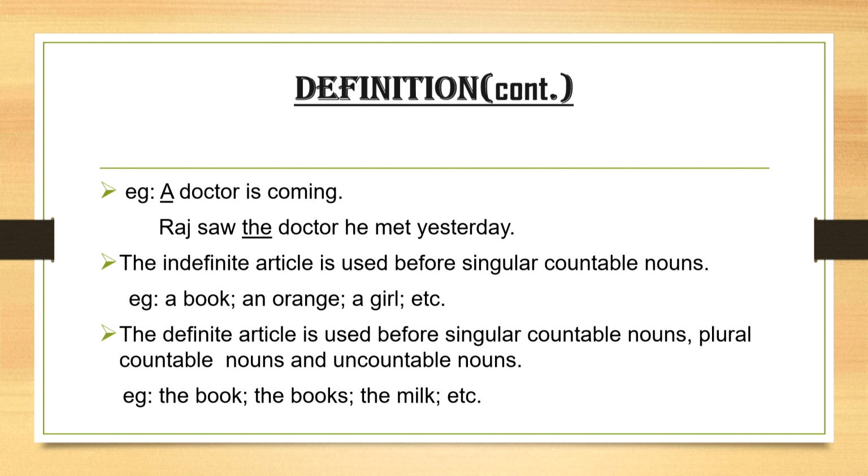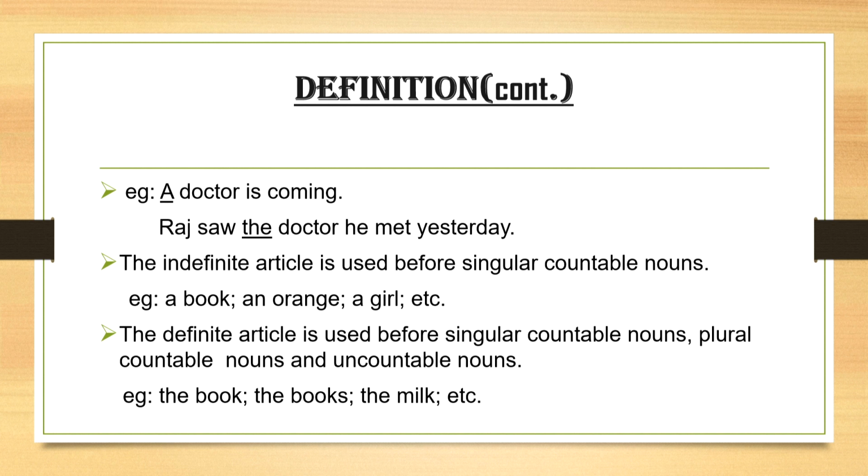Now, the indefinite article is used before singular countable nouns. For example, a book, an orange, a girl, you can say a pen and so on. Now, the definite article is used before singular countable nouns, plural countable nouns and uncountable nouns.